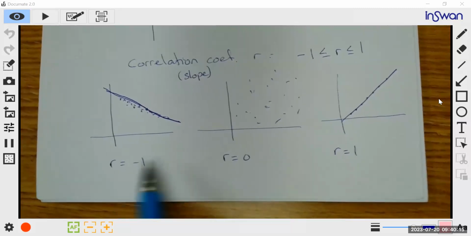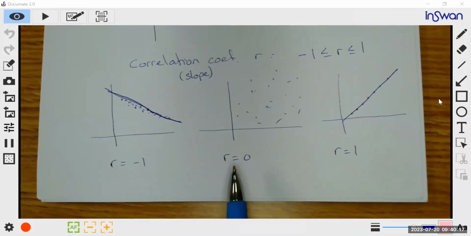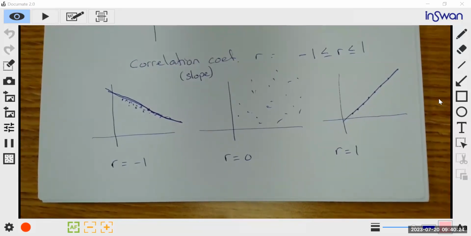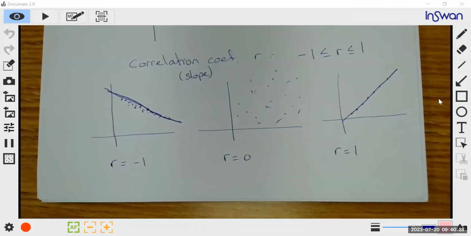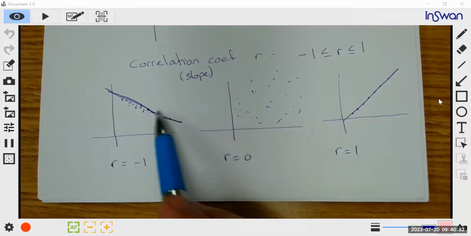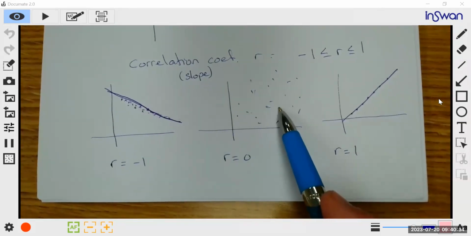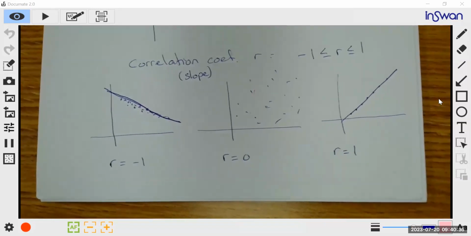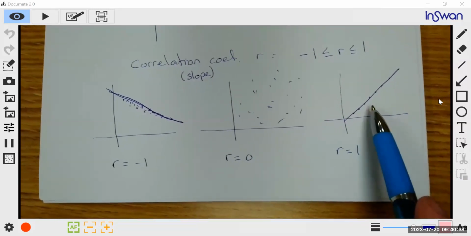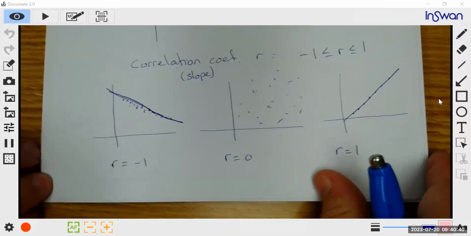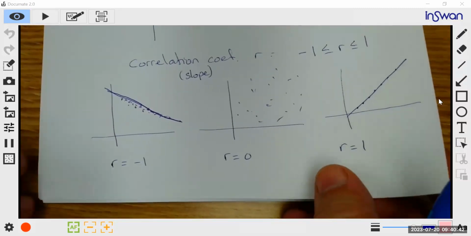And anything else between -1 and 0 and 0 and 1, the dots start getting further away from the line. The bigger the decimal is, the closer it is to the line, and it spreads further and further out, and then it gets back to being close together. So we're actually looking at the slope.